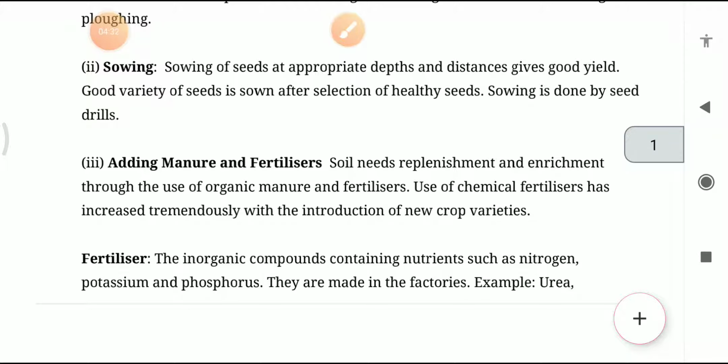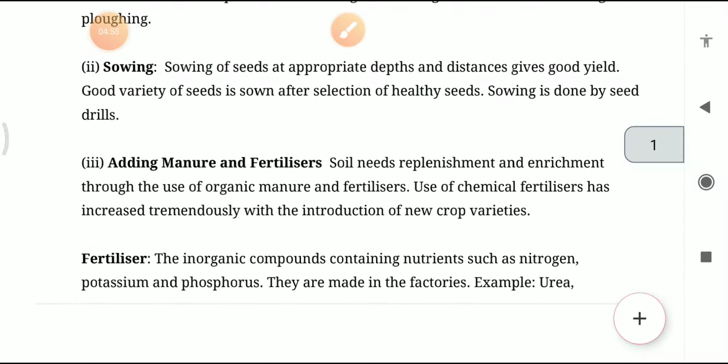That's why we use manures and fertilizers. Use of chemical fertilizers has increased tremendously with the introduction of new crop varieties. I mean, they want to say that if we use these manures and fertilizers, then the crop yield is good.